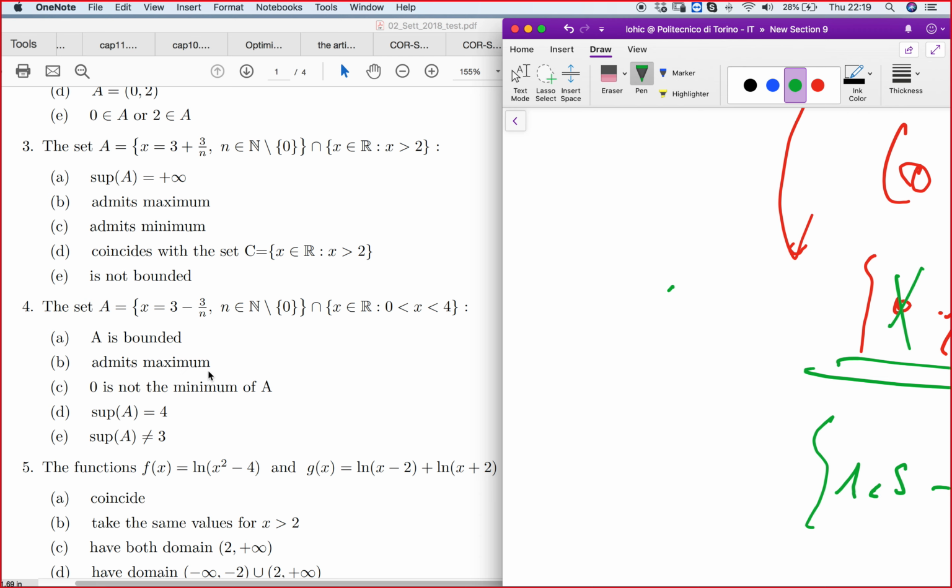The set admits a maximum? No way. And 0 is not the minimum of A. Okay, but this is also correct.